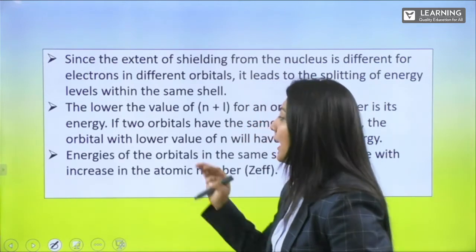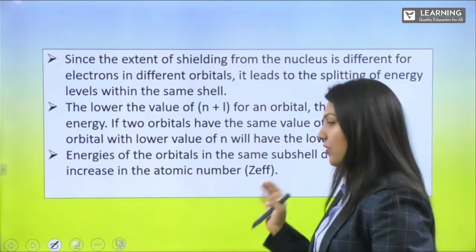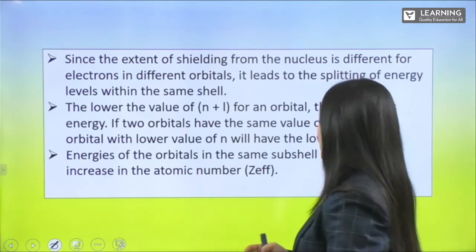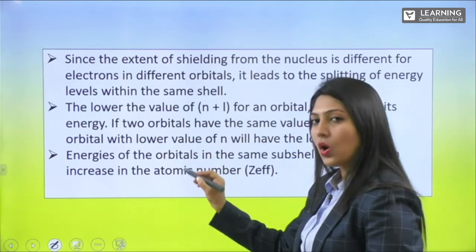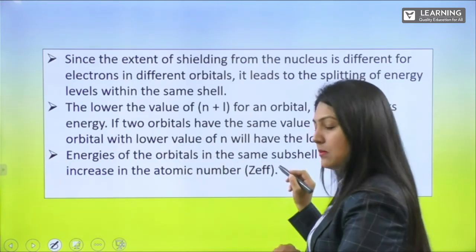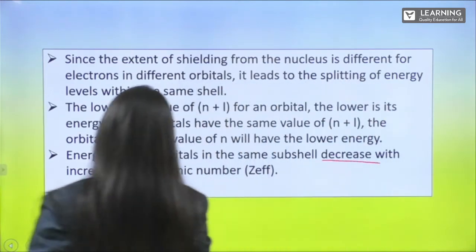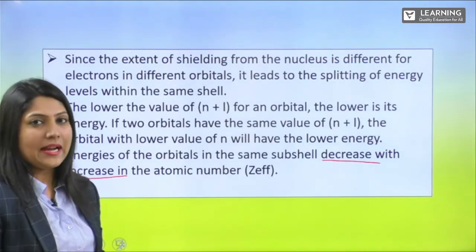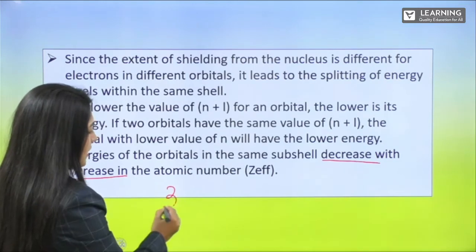Fine. Energies of the orbitals in the same subshell. If I have the same subshell, how will the orbitals' energy be? You can see here, energies of the orbitals in the same subshell decrease with increase in atomic number. For example, I am taking different atoms. They all have the same third shell.